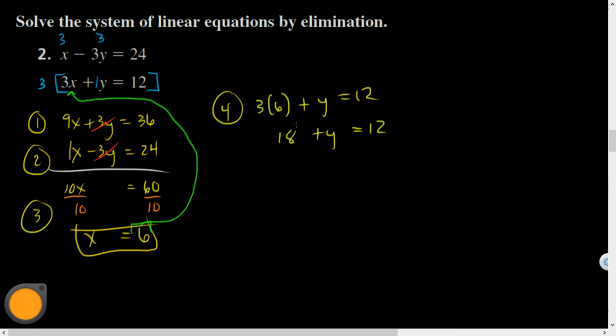This is a positive 18, so I'll subtract 18 from both sides. So my solution is 6, negative 6.